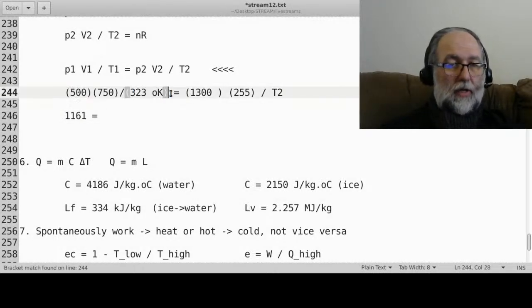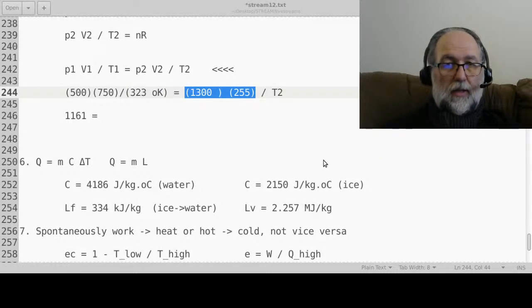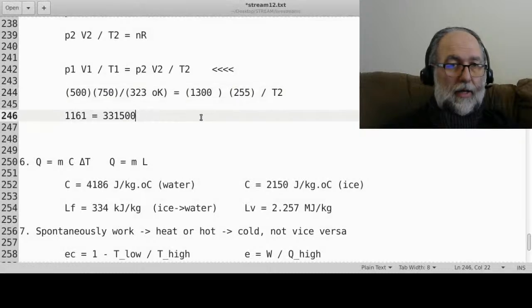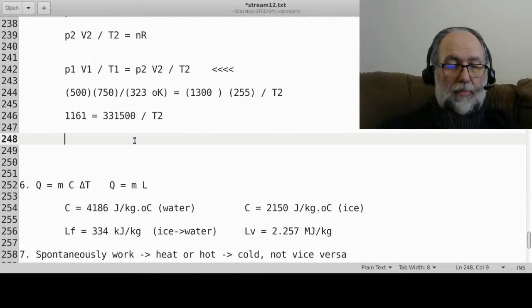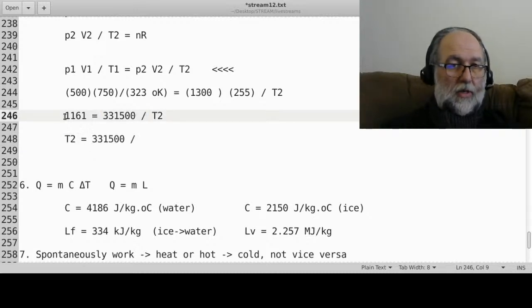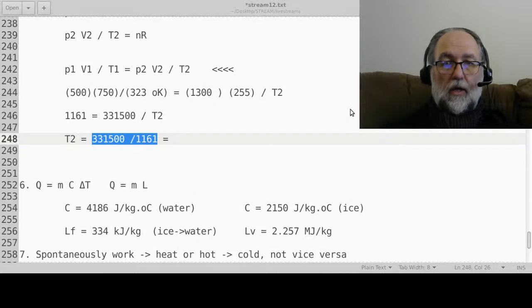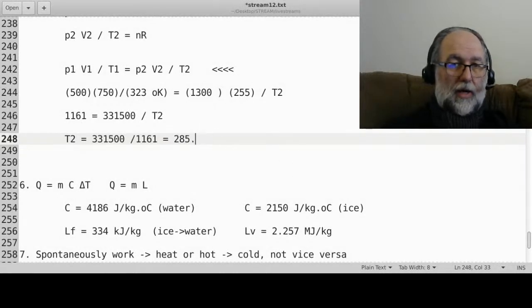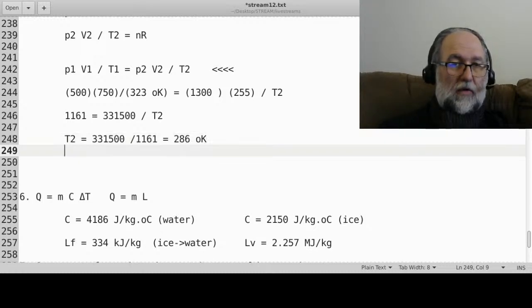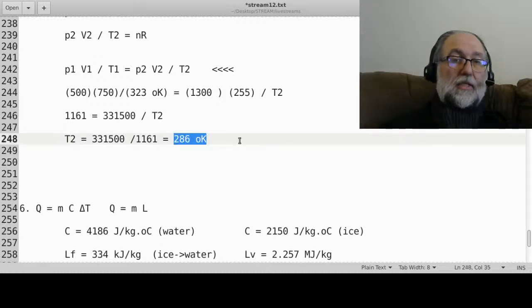And then this quantity here is going to be there, divided by T2. Now multiply both sides by T2 and divide both sides by 1,161, and that's going to give us a temperature of that, and it'll round up to that. Degrees Kelvin. And so there's the answer.